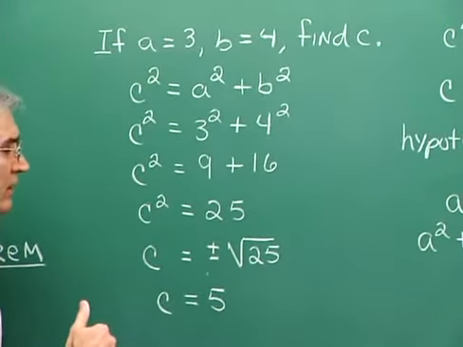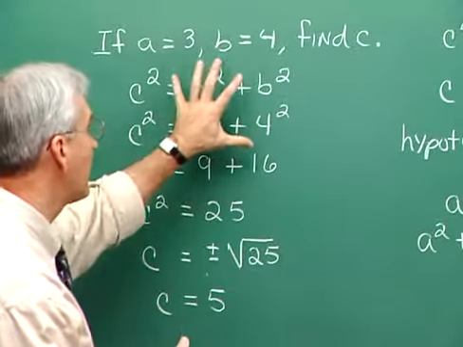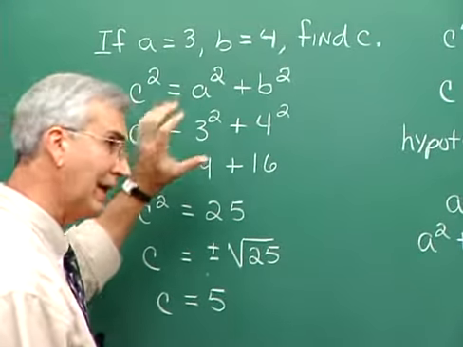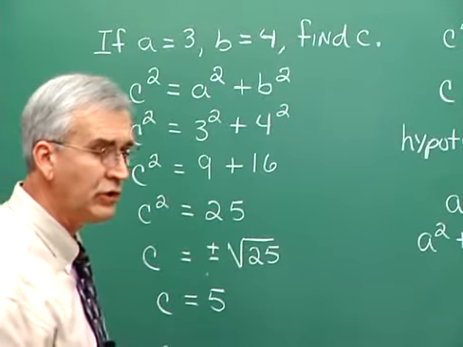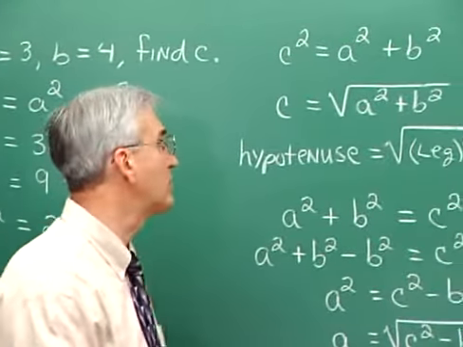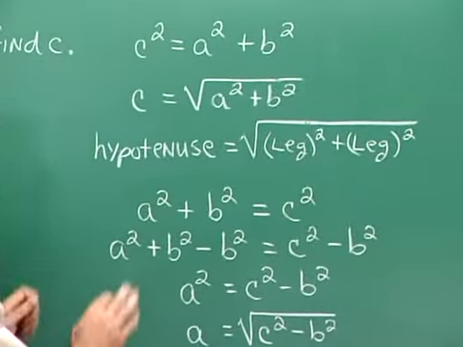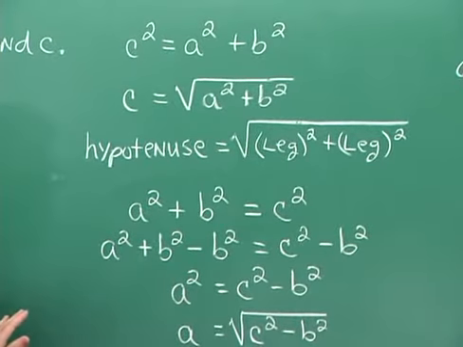Now, there are other ways to deal with the Pythagorean relationship here. And I want to show you that because it's shown in your textbook, and I'm going to give you a choice of how to think your way through problems such as this.